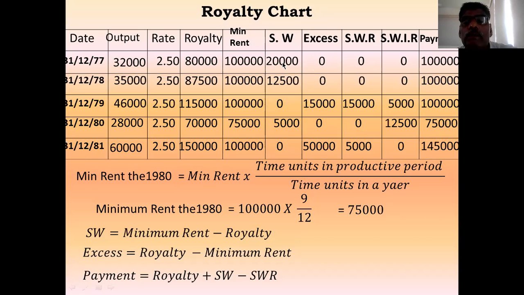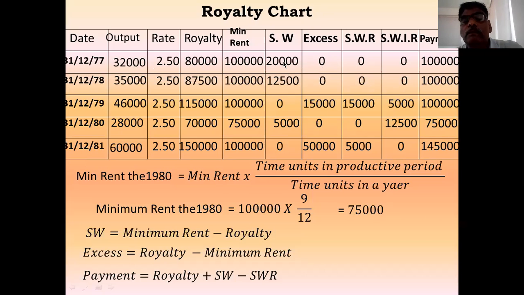You see here, if the amount is in the SW column, in the first entry you debit short working. For SWR, you credit in the second entry, and you credit in the third entry. You see here, in the first line, there is only SW.